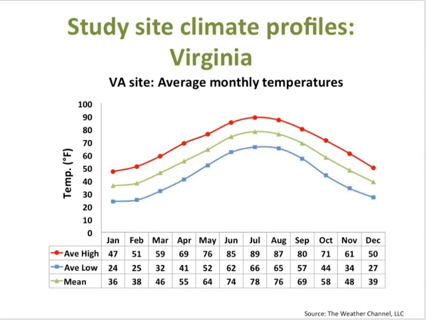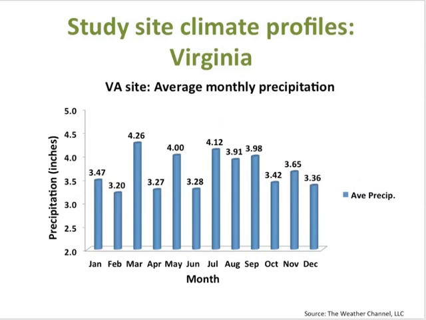And the Virginia site has averages in the mid-70s during the summer, but winters are relatively cold with 4 months where the average low is at or below freezing. Average monthly precipitation for the Virginia site is more uniform relative to the other sites and averages between 3.2 and 4.3 inches per month.